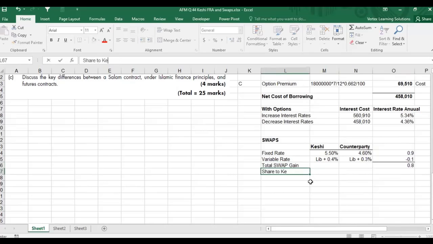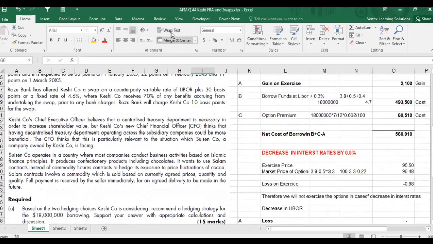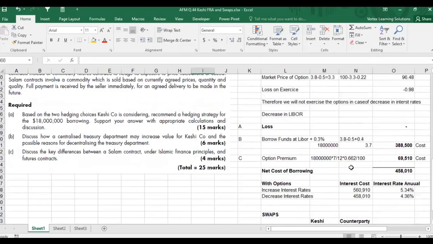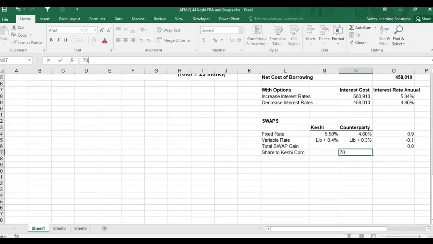I remember the question said that 70% Keshi company can take. So 70% of this gain will go to Keshi company, but Keshi company will also pay 10 basis points as their service fee, or whatever you may call it. So out of the 0.8, 70% goes to Keshi company. We are only calculating for Keshi, not for the other. That is 0.56, and the service fee is 10 basis points.